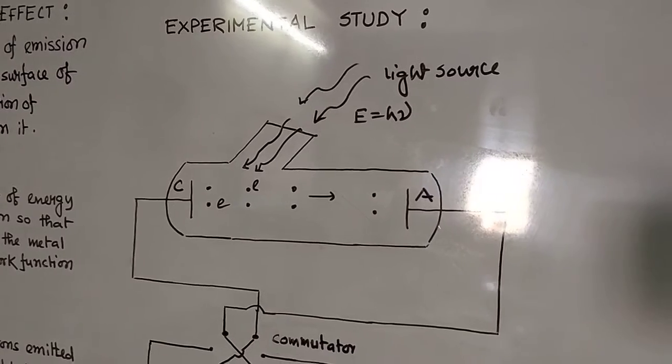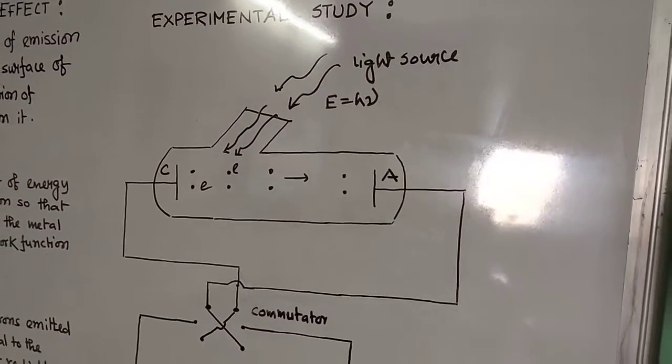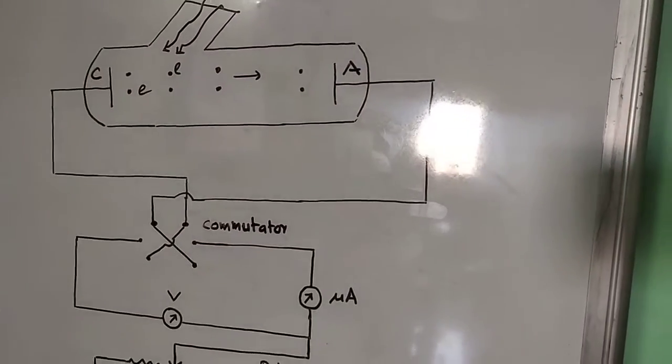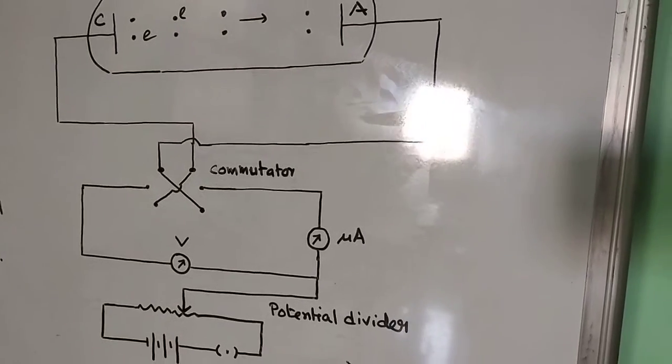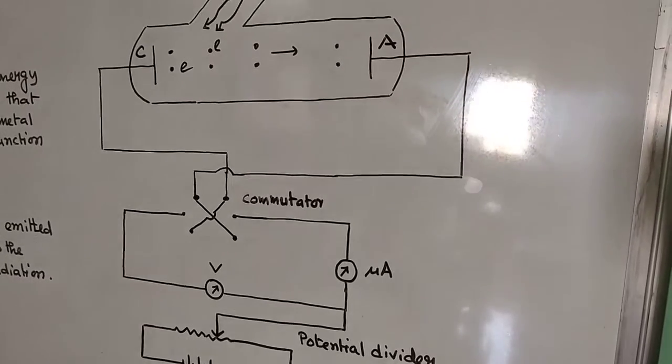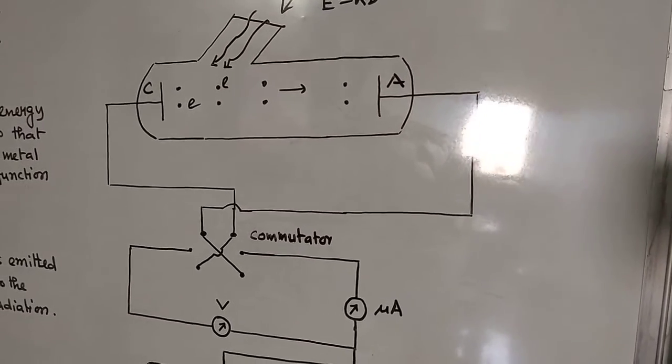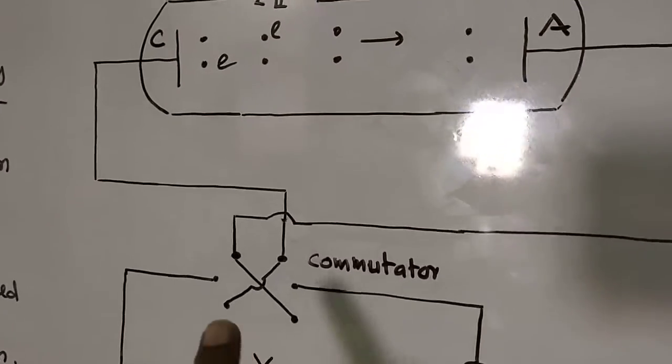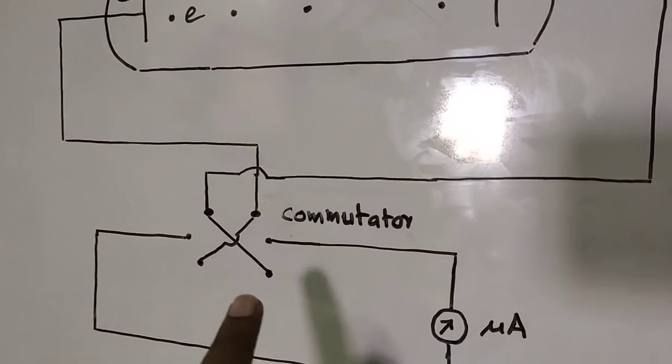Okay, now you see in the setup you have a cathode, an anode, a commutator, a potential divider, and a high tension source. Now you see the commutator part, these two knobs, this one and this one, you can slide.